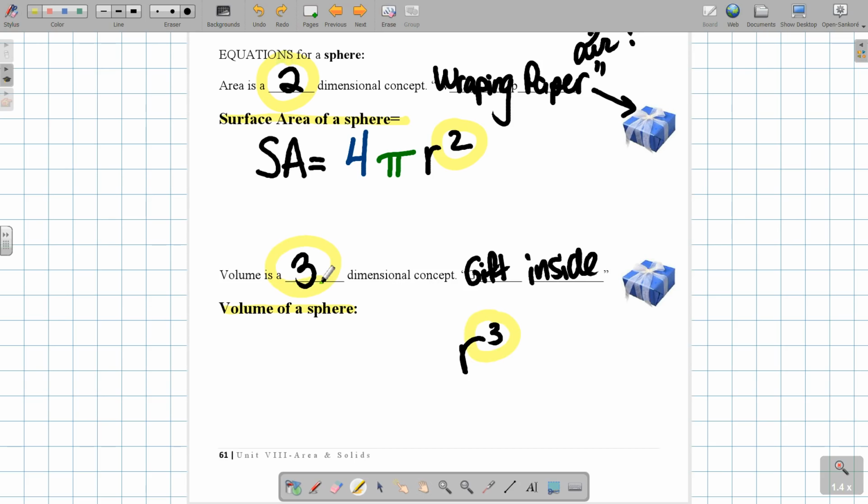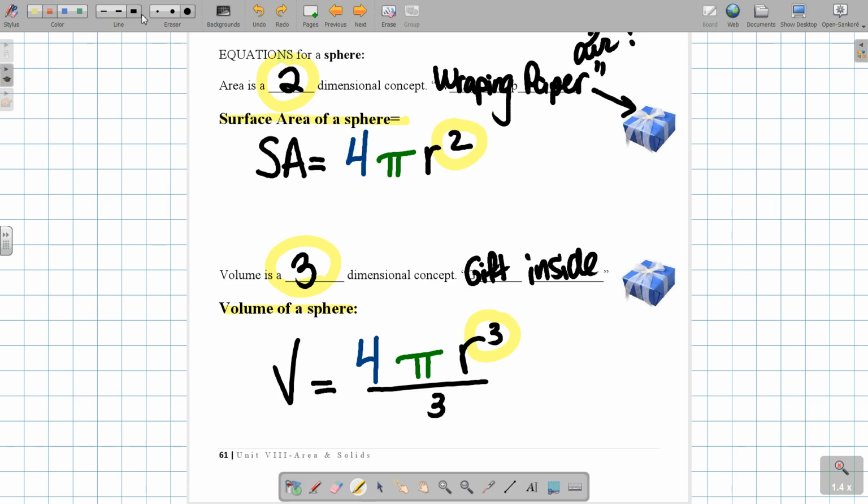Circle that 3. I want you to see how those relate to each other. Also times pi, times 4, but for volume, the final step is to divide by 3. Once again, I'll give you an animation in class why that's the case. So that's your surface area, that's your volume.